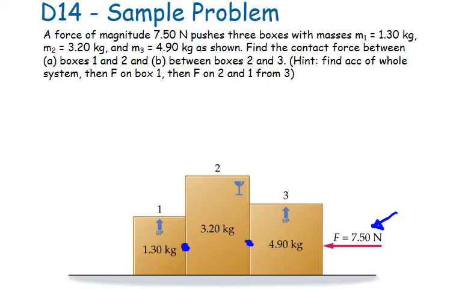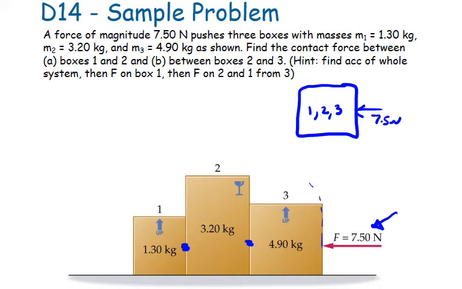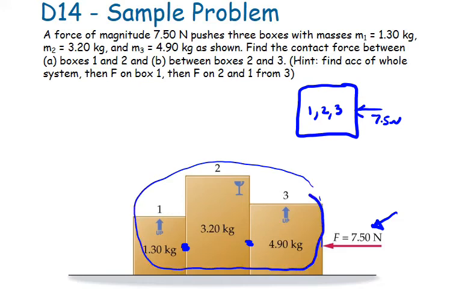So the very first step, we're going to treat this whole thing as one object, 1, 2, and 3. So the masses of all of those we're going to consider as one, and the force on this is just that 7.5. If this whole thing is treated as one thing, we can determine what the acceleration of the system is, and then we can break it down from there.